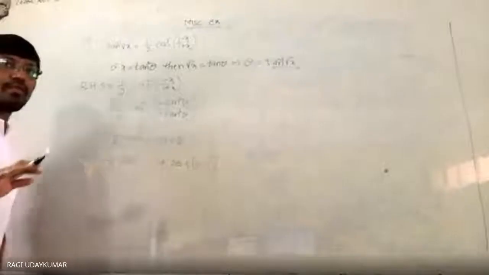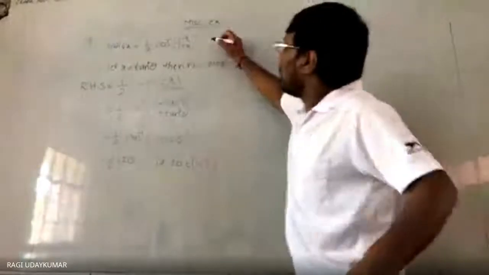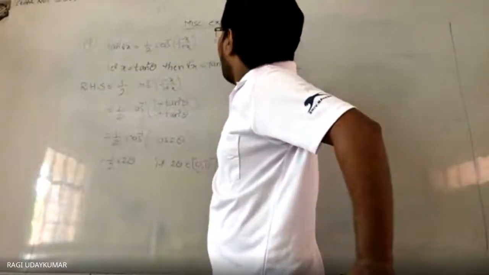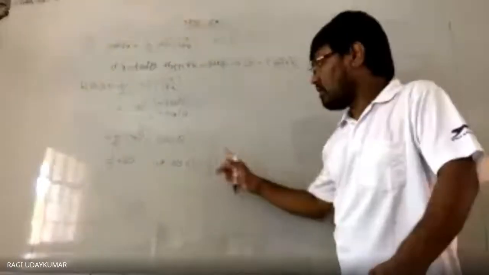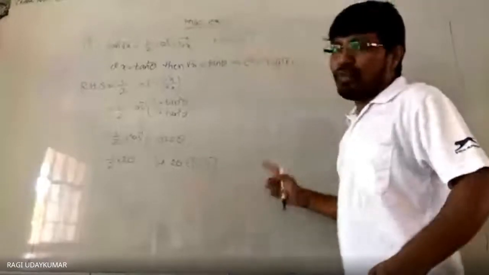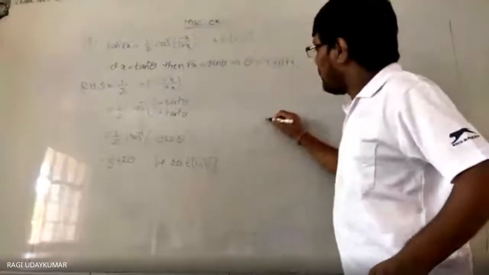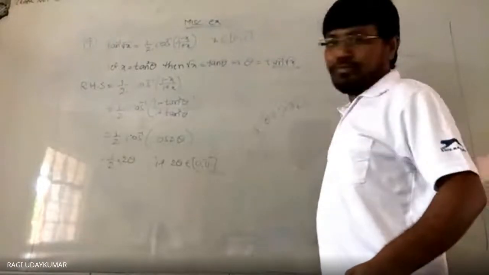Actually in this problem it is better to mention this, because the question is given to you that x belongs to the interval 0 to 1. This interval also should be taken into consideration. 2 theta belongs to 0 to pi, then theta belongs to 0 to pi by 2.